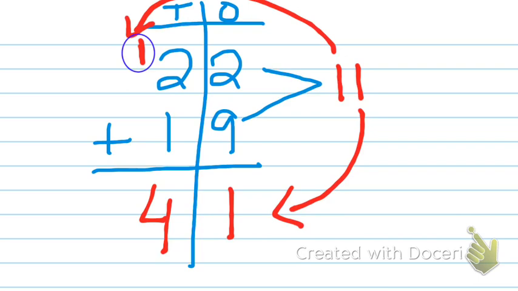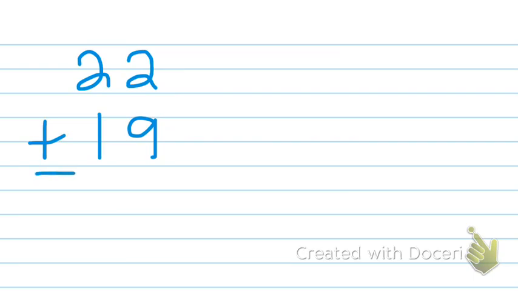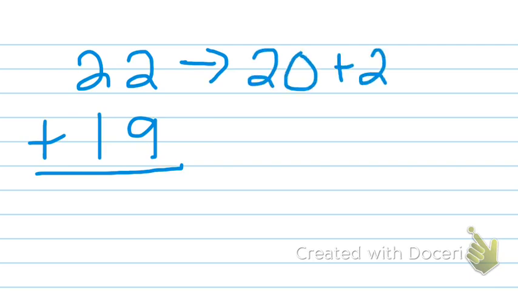Now I'm going to do the same problem, 22 plus 19, using my expanded form. So 22 in expanded form is 20 plus 2. 19 in expanded form is 10 plus 9.